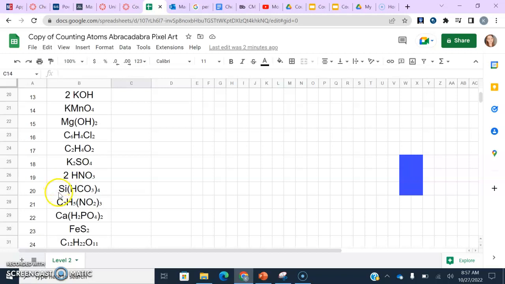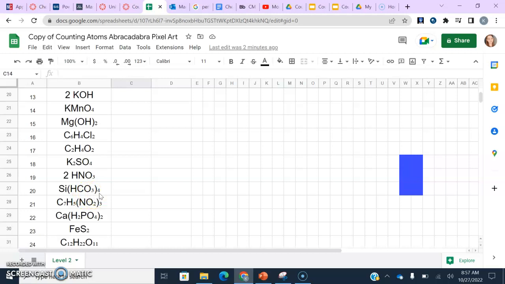So that means we have 1 silicon, because his assumed subscript is 1, okay? We have 1 hydrogen. 1 times 4 is 4. So we'll have 4 hydrogen. 1 carbon, 1 times 4 is 4. And then 3 oxygen times 4 is 12.